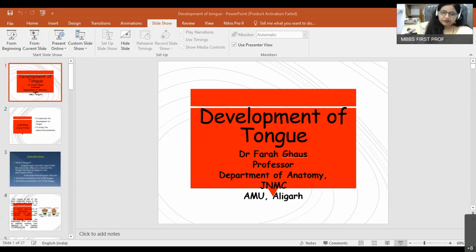Today's topic is development of tongue. Learning objectives for today's class are to describe the development of tongue and study the associated anomalies related to the development of tongue. Now, before proceeding with the development, we should have a brief introduction. What is tongue?